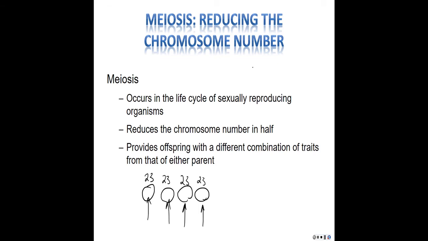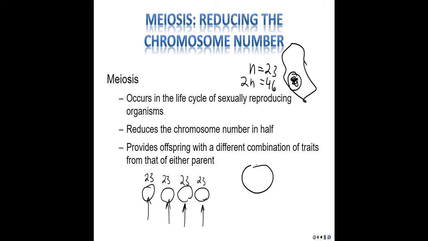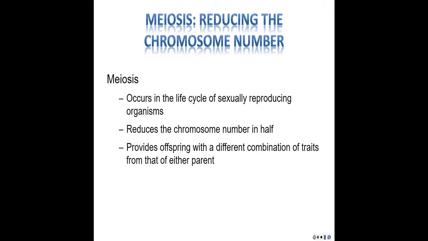Remember that the N of humans is equal to 23, and the 2N or diploid number is 46, and a somatic cell has 46 chromosomes in its nucleus. In a sex cell, it will only have 23. So you would say that sex cells are haploid, whereas somatic cells are diploid.